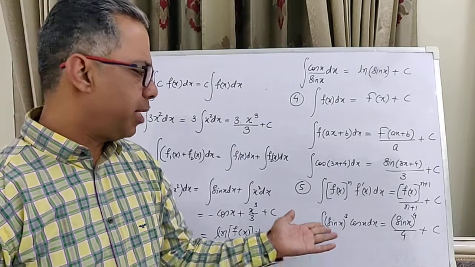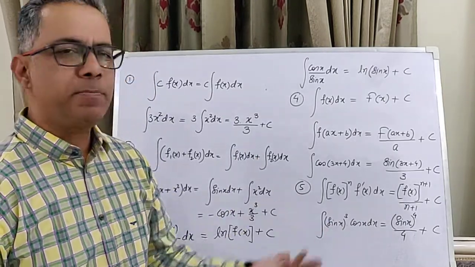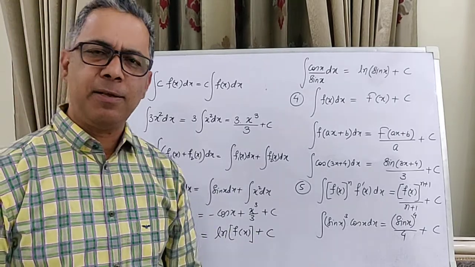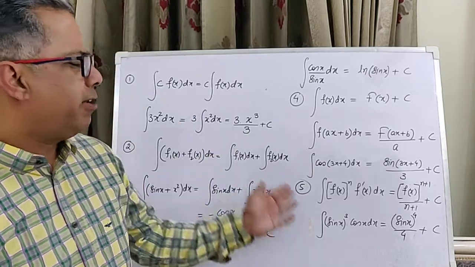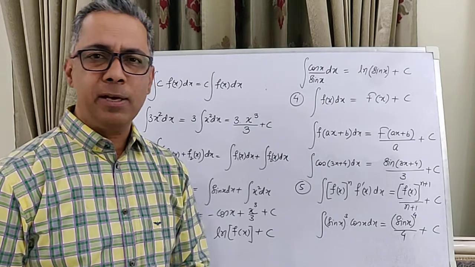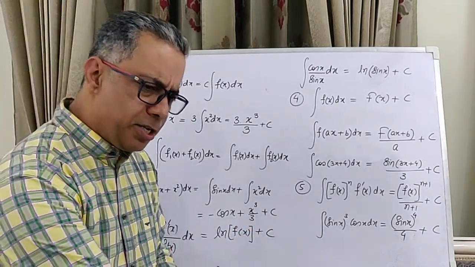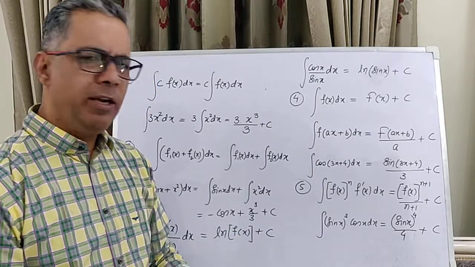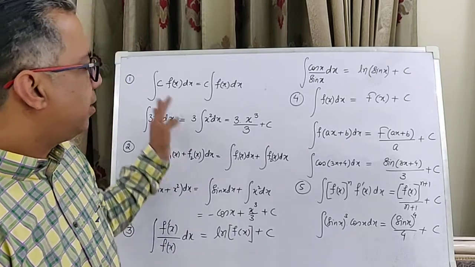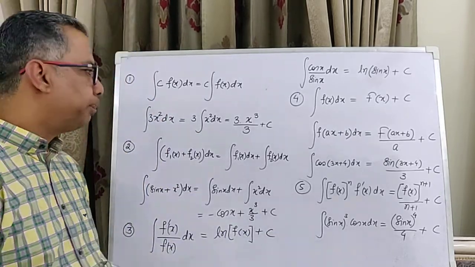Getting very close, I think, to almost 100% of the questions in academic exams, and maybe 95-98% of the questions in competitive exams. So whatever additional we need to learn, we will learn as and when required, rather than stressing ourselves at this initial stage of our learning.